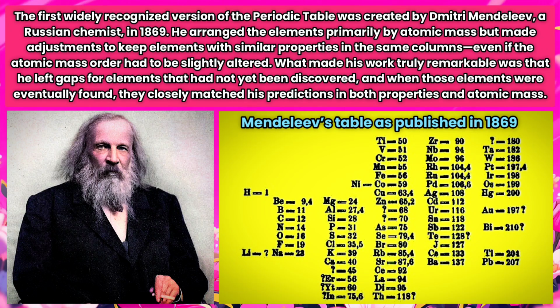What made his work truly remarkable was that he left gaps for elements that had not yet been discovered, and when those elements were eventually found, they closely matched his predictions in both properties and atomic mass.